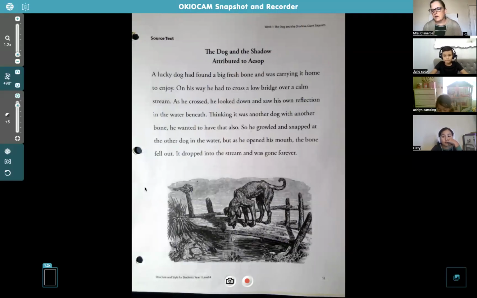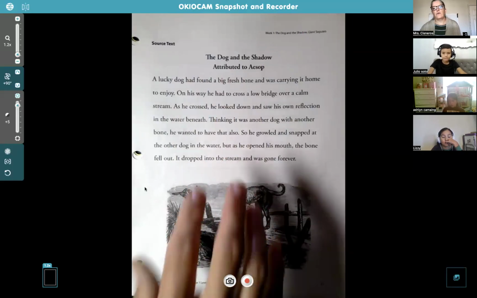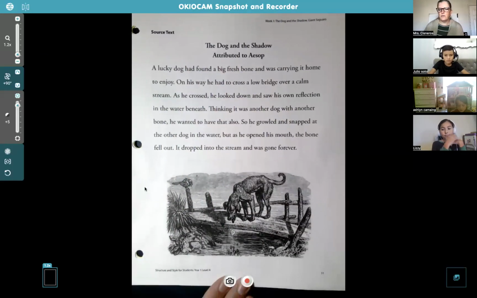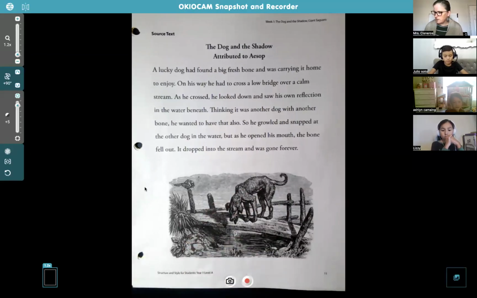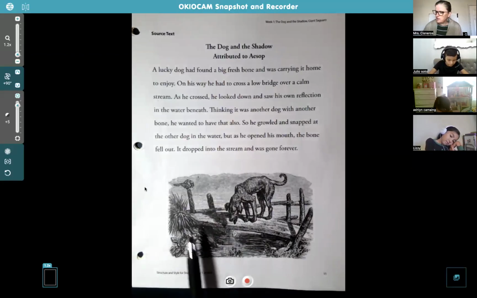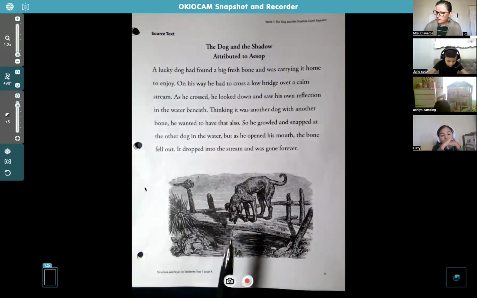Okay. So what we're going to do is read this, and then we're going to decide what lesson we can learn from it. If you look at the bottom, you'll see the picture. Obviously, there's a doggy, and he's looking in the water. Did you look closely down here? Because if you look really close, you can kind of see his face in the water. You guys see that? And then it looks like he's on a little bridge. There's a crow up here, a bird.